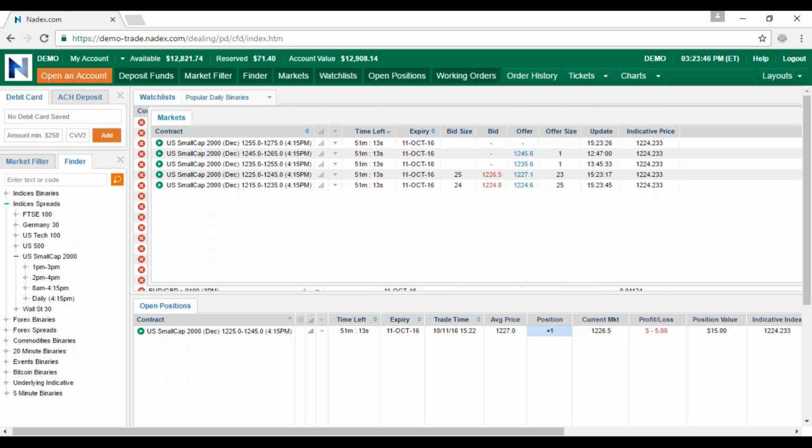Because remember, the offer is the buy side, the bid is the sell side. So I bought it for this. I can sell it right now for what? For this, right? That is how it's determined what I can get out of it for, okay? So as the market moves up, these two prices will move up. As the market moves down, these will move down. Now notice there's a difference in here, right?